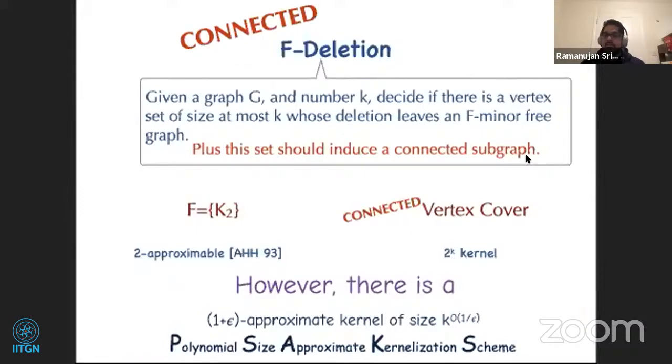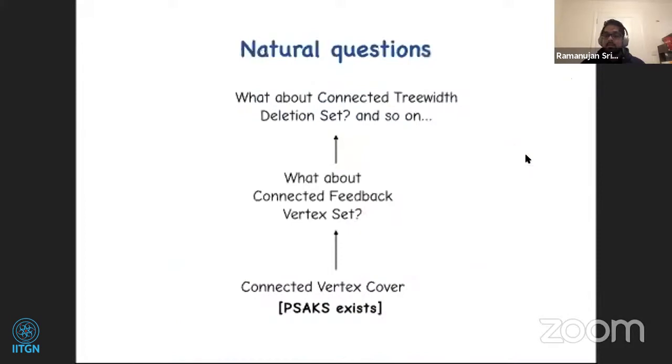Now, this is a very good first step. It's a promising first step that provides a meaning to more general questions. For instance, now what about connected feedback vertex set? Could one have an approximate kernel? Could one have a PSAKS even? What about deletion sets to graphs of bounded tree width? Could this have an approximate kernel?